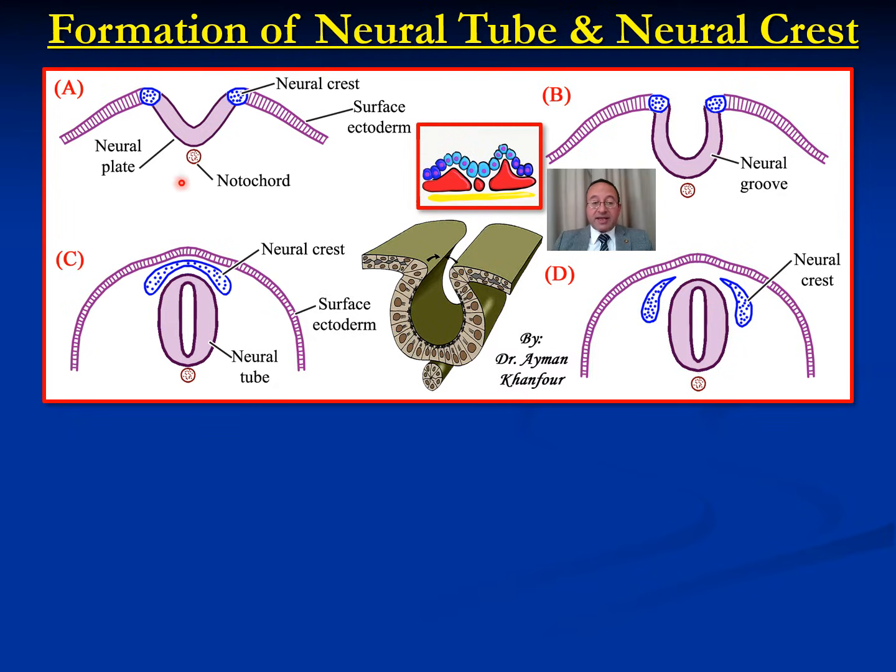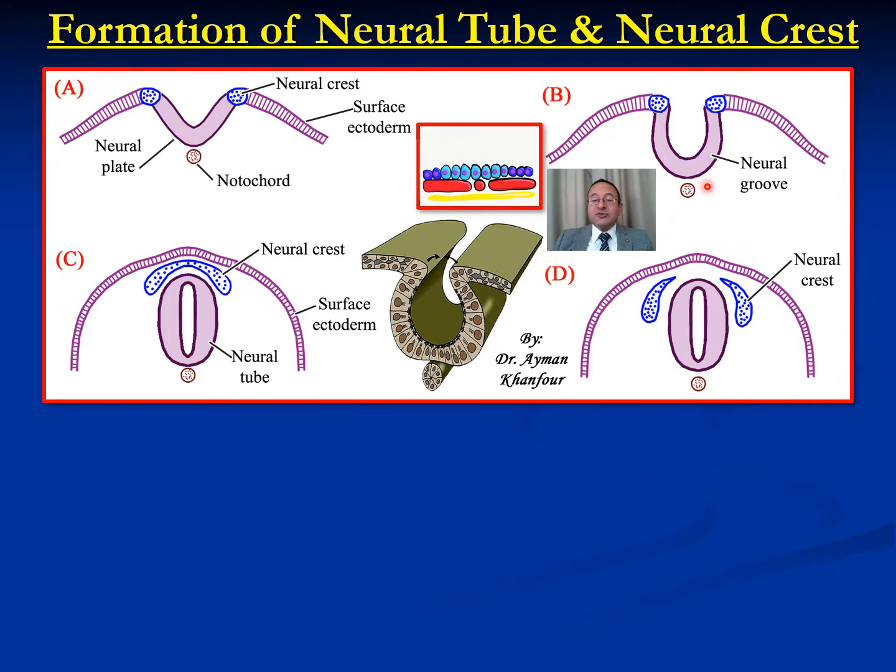At the third week intrauterine fetal life, there is a thickening of the surface ectoderm in the midline of the embryo in the region overlying the notochord, forming what's called the neural plate. This plate is deepened to form the neural groove.